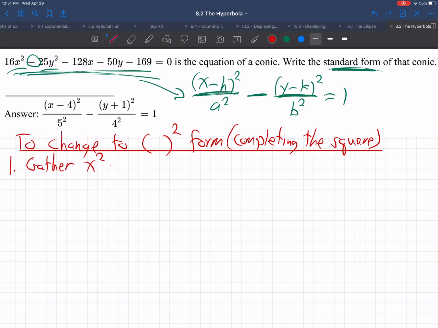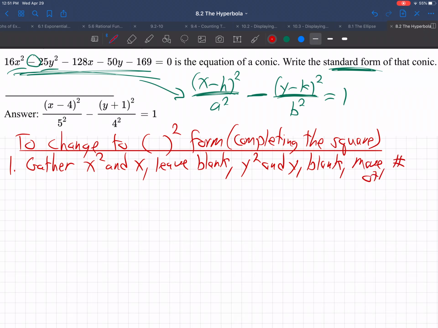Gather x squared and x, leave a blank, y squared and y with a blank, move the number to the other side. So that's my first step.